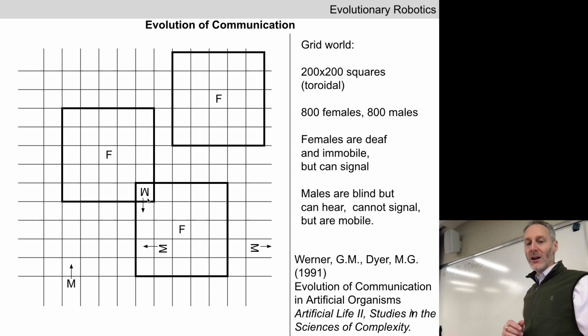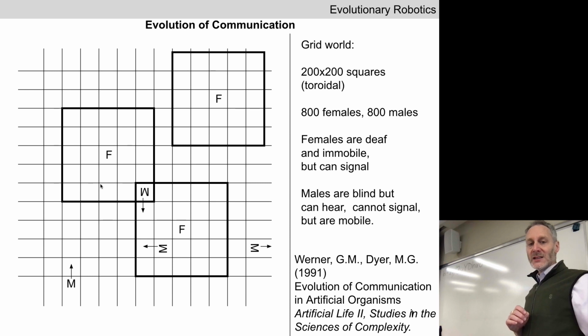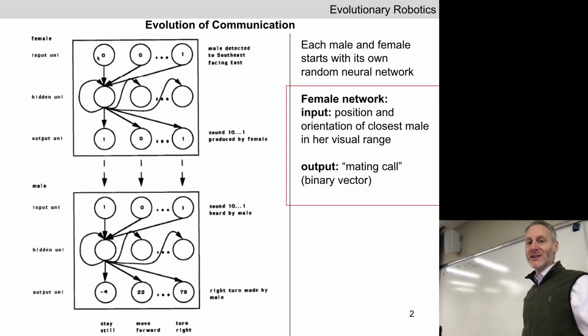So if a male enters her visual range, the relative position and orientation of that male will be fed into the input layer of the female's neural network. She can see. In this example, for this particular female, there is a male to her southeast, and that male is facing south. That information is fed into the input layer up here.